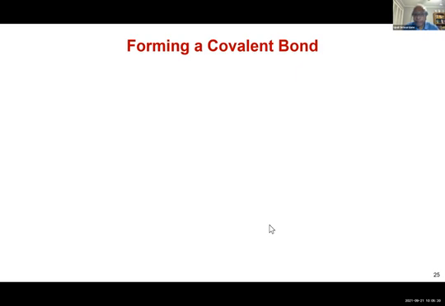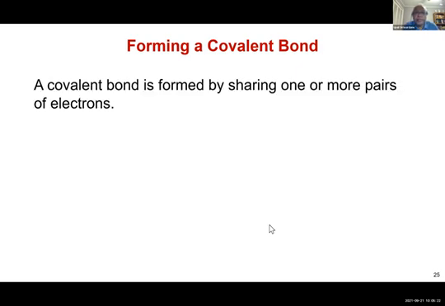A covalent compound has a covalent bond. The molecules have bonding called covalent bonds. They are formed by sharing one or more electron pairs between atoms. They are neutral species.